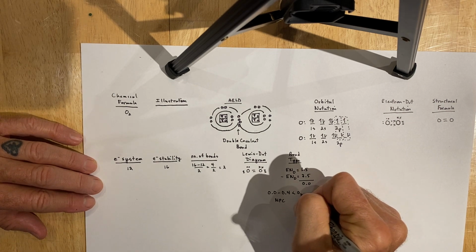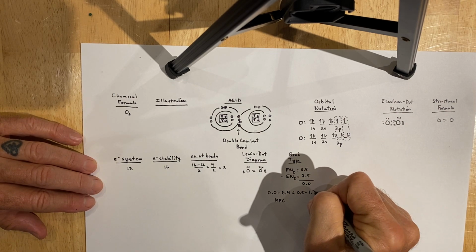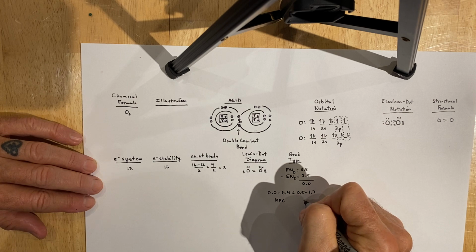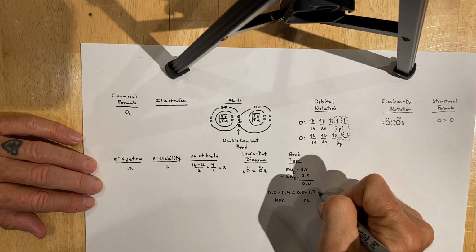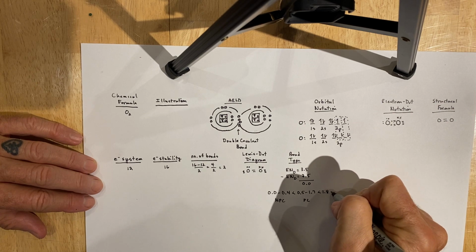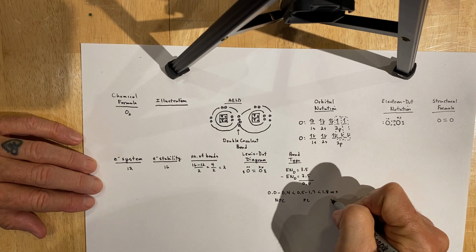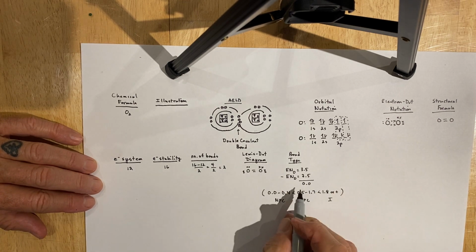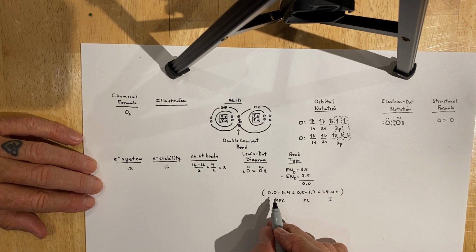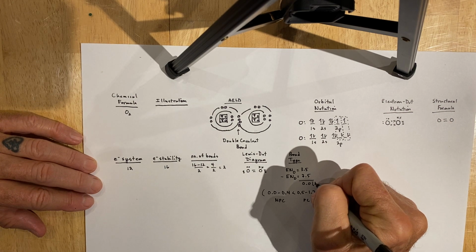If it's between 0.5 and 1.7, electronegativity difference, the bond is identified as being polar covalent. And if it's from 1.8 or greater, it's identified as being ionic. So since 0.0 is at the bottom end of this range, we'd say it's nonpolar covalent.